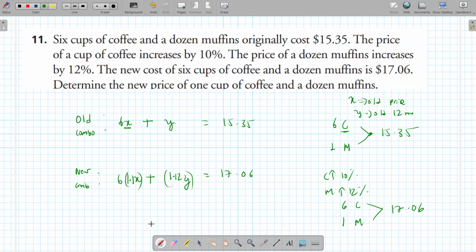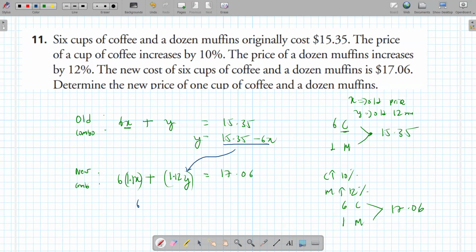If you can isolate for either x or y in any of the equations, substitution will be best. So if you look at the first equation up top, we can isolate that for y, right? We can make y equal to 1535 minus 6x. And now we're going to replace this y with that.